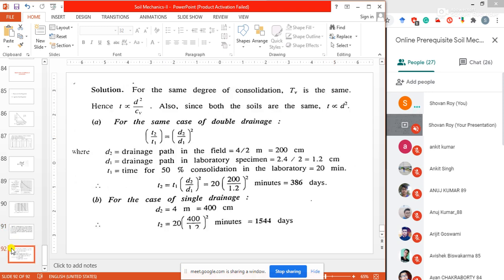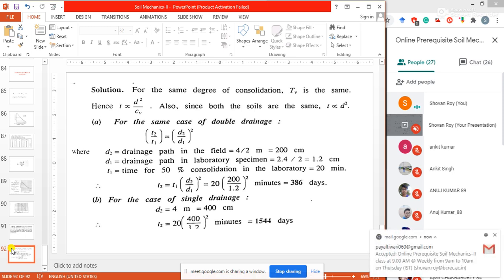Solution is simple. For the same degree of consolidation, Tv is the same, the time factor is the same, hence t is proportional to d square by Cv. Also, since both the soils are the same, time is proportional to depth d square.